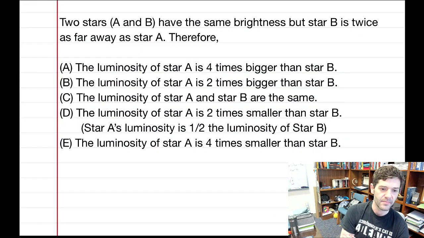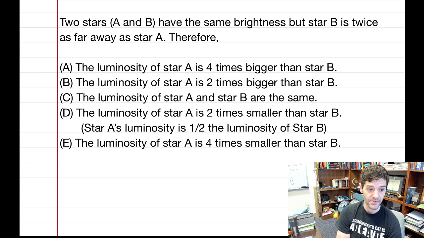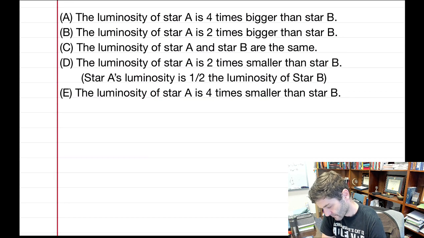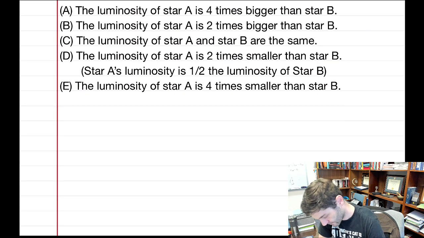Two stars, A and B, have the same brightness, but star B is twice as far away as star A. Therefore, the luminosity of star A is 4, 2, 1/2, 1/4, or the same as star B. First thing I would do, identify the relevant formula.